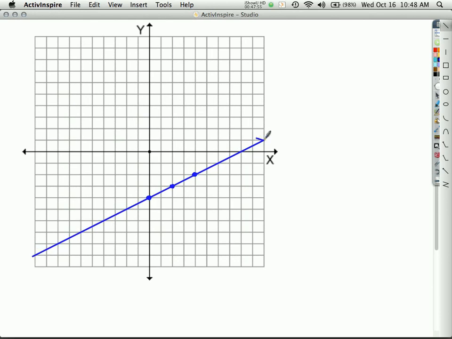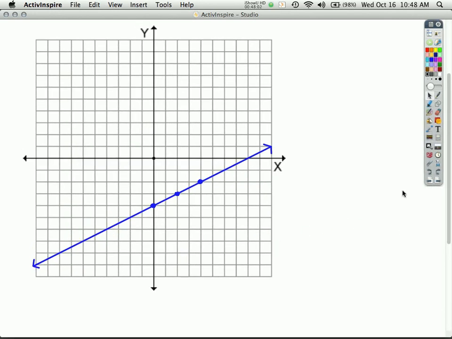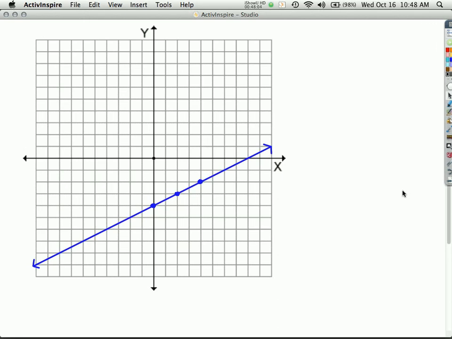Put arrows on either end to indicate it goes on forever. And that is it. Graphing a function. I believe that took us 1 minute.